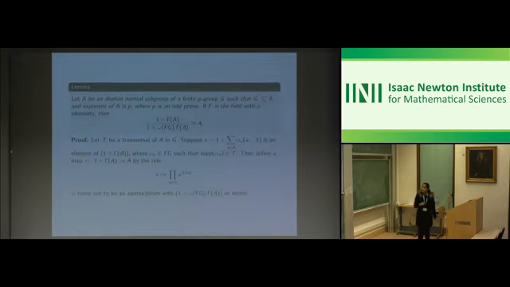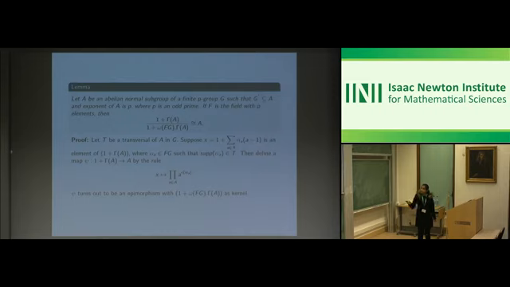So, in order to prove this theorem, we actually make use of this lemma. It says that if we have an abelian normal subgroup A of a finite P group G such that its commutator is contained in A and the exponent of the group A is P, where P is an odd prime, then we have this isomorphism.